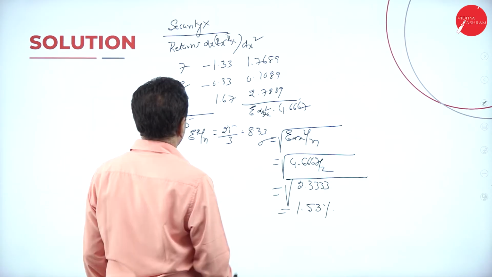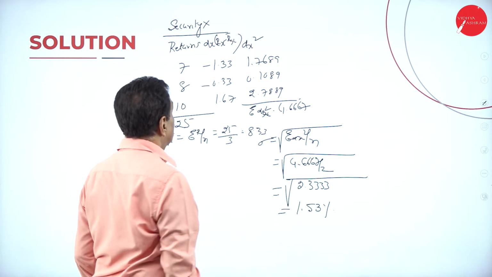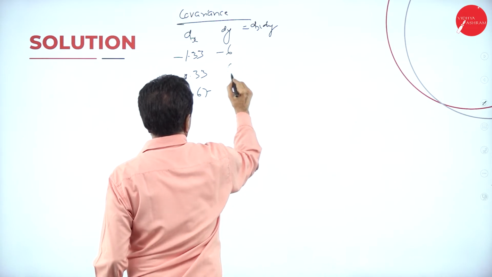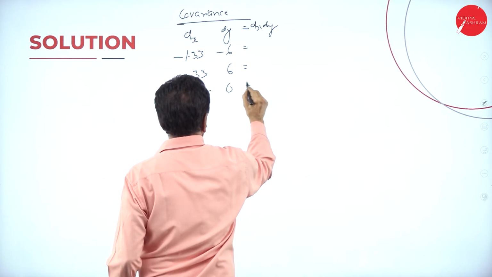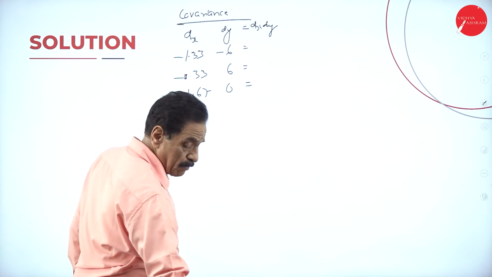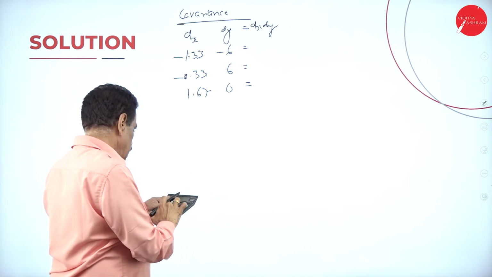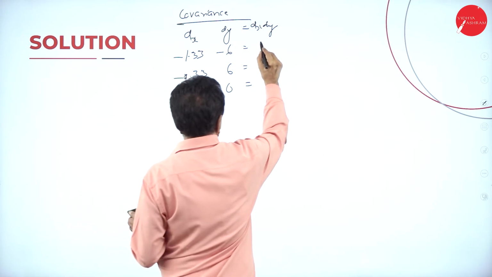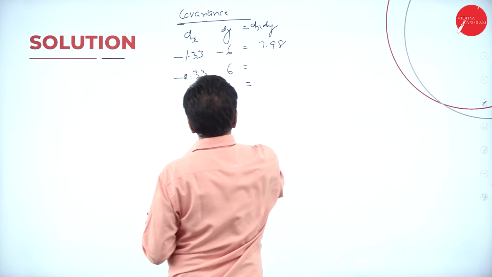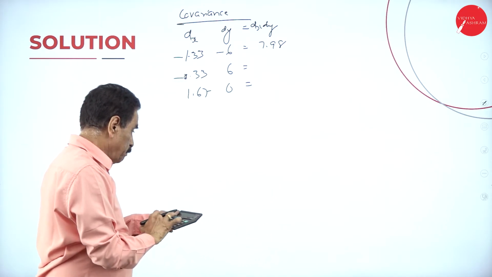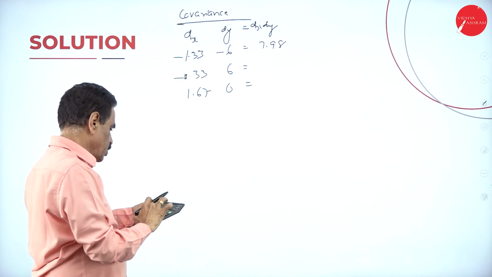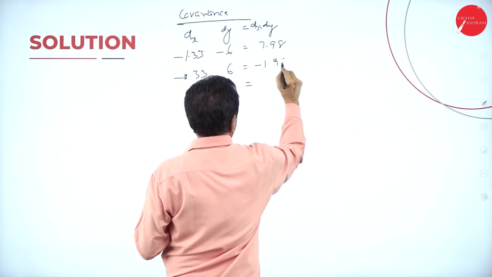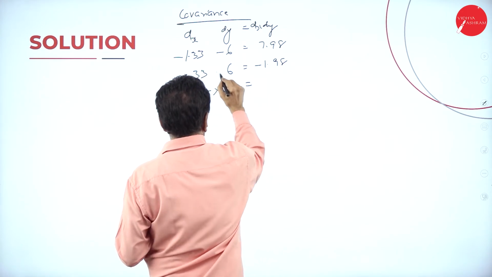Deviation of y: minus 6, plus 6, 0. Then 1.33 into 6, 7.98. Minus into minus is plus. 0.33 into 6, minus 1.98. This is 0.